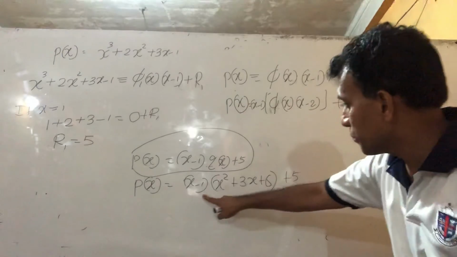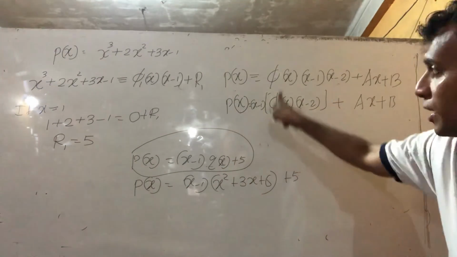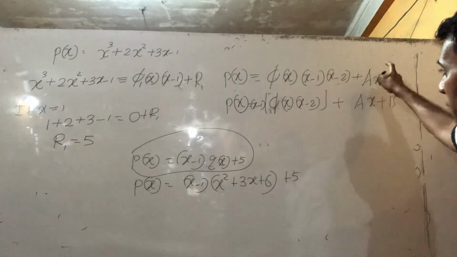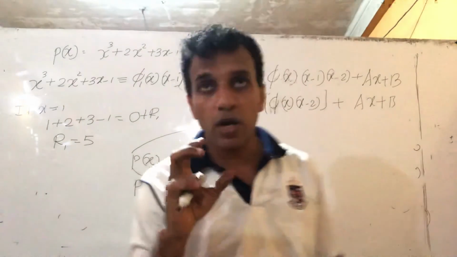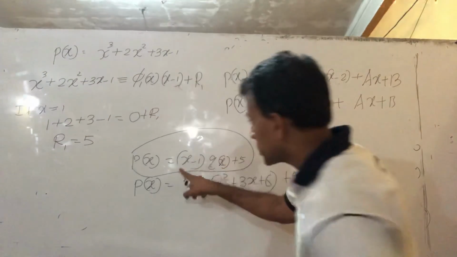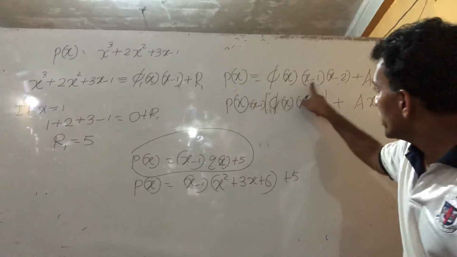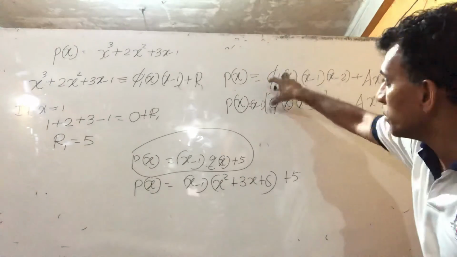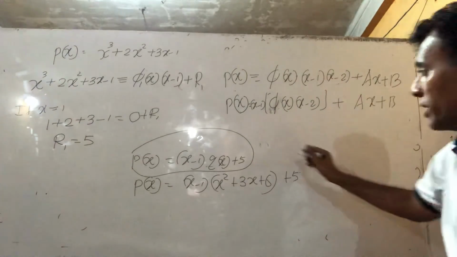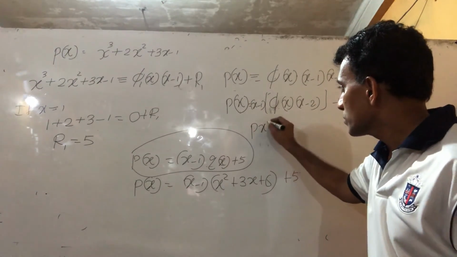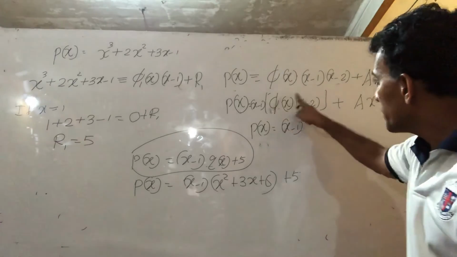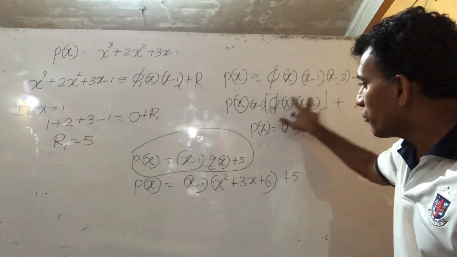Therefore, since p(x) can be shown in that pattern, now they ask p(x) divided by these two products, what is the remainder? The remainder is this pattern, always a linear pattern ax plus b, right? So now I try to apply the previous part, last part, connect to this. Here x minus 1 is available, all multiplication: x minus 1, here 5x, x minus 2, plus this. Okay, now see p(x), x minus 1, what is this part? According to the first part, that is q(x).